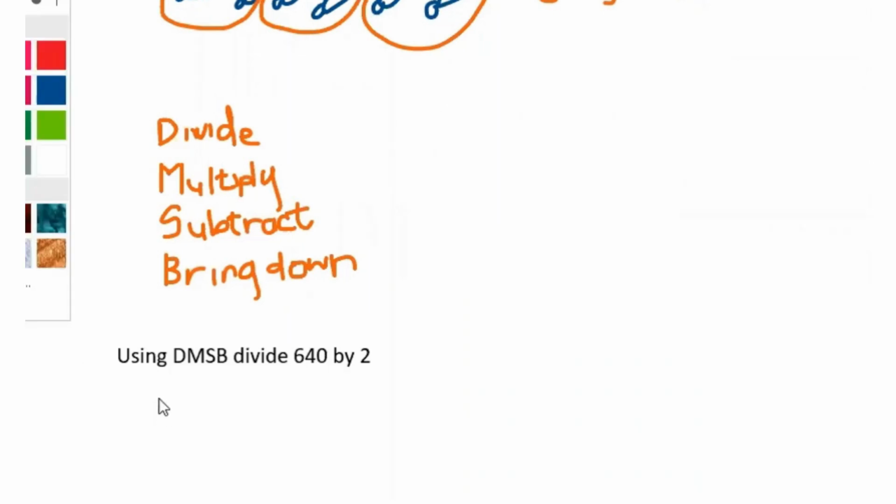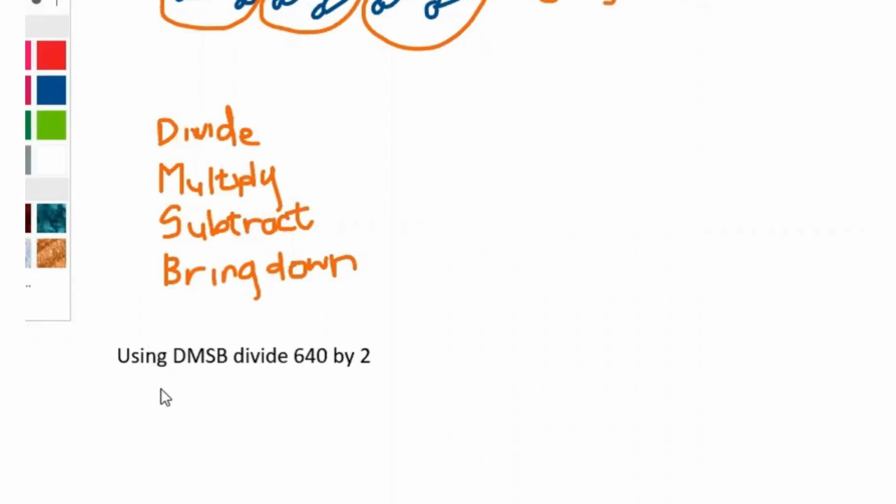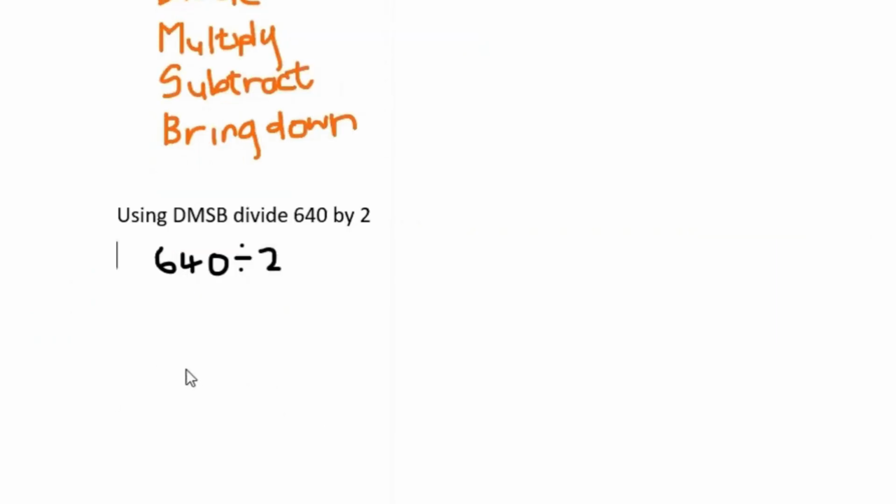So you've got 640 being divided by 2. How you show this in long division is the number that is being divided goes inside the bracket, right?